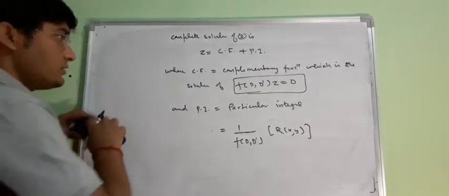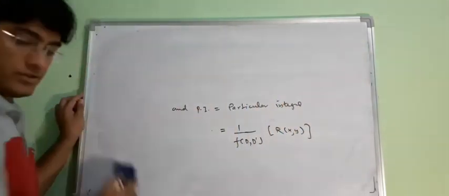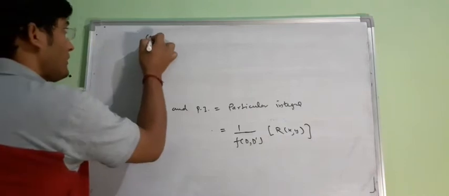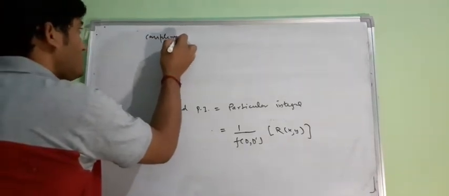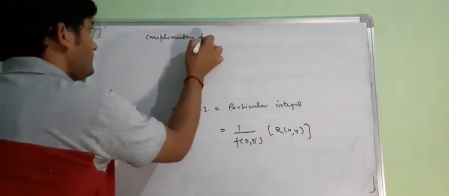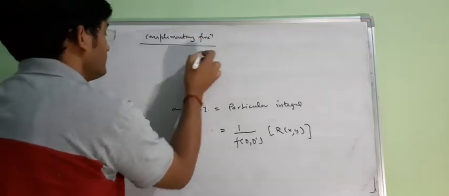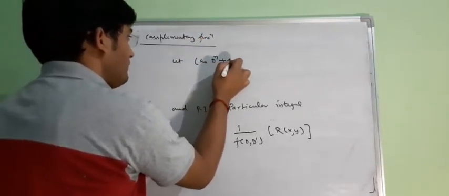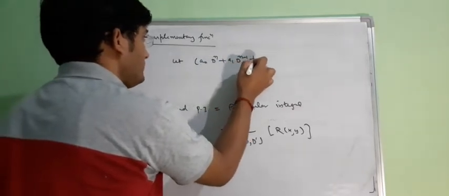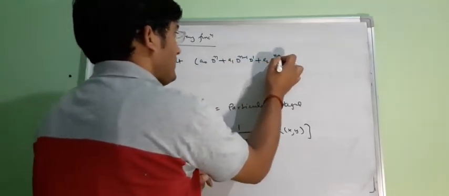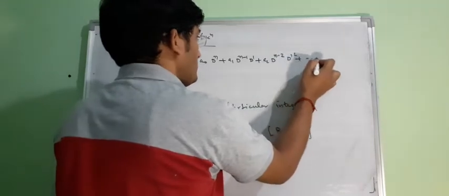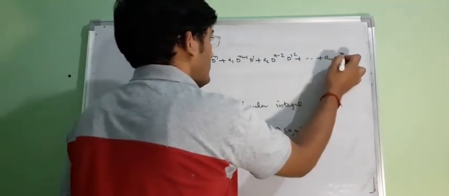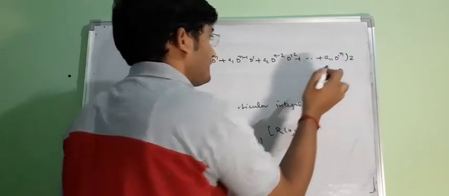Now let us find out the complementary function. Let a naught D power n plus a1 D power n minus 1 D dash plus a2 D power n minus 2 D dash square plus an D dash power n of z equal to 0.